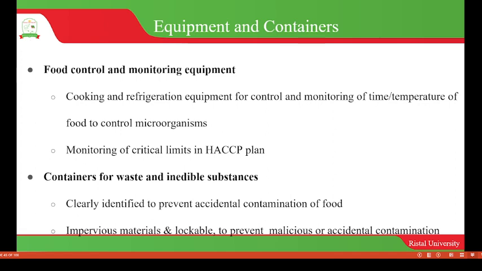Then let's look at food control and monitoring equipment.